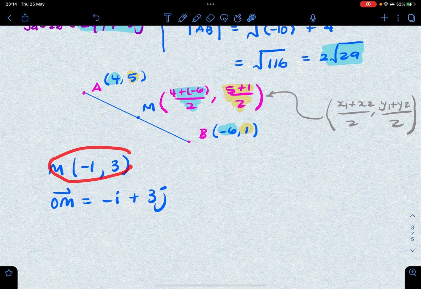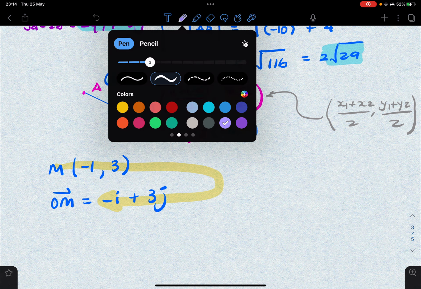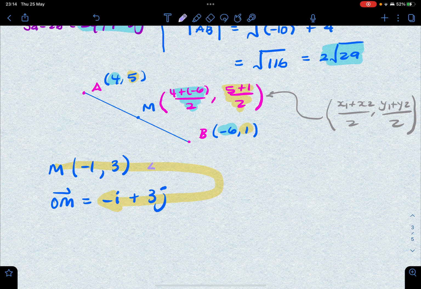So these are the coordinates. This is the position vector. And we can find one from the other. So let me just write that out. These are the coordinates. And this is the position vector.